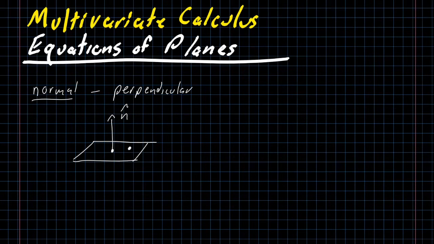And let's name that point where we are drawing this vector n as x naught, y naught, z naught. And then the point that we care about, x, y, z.